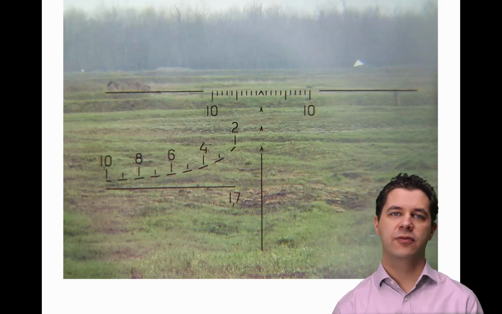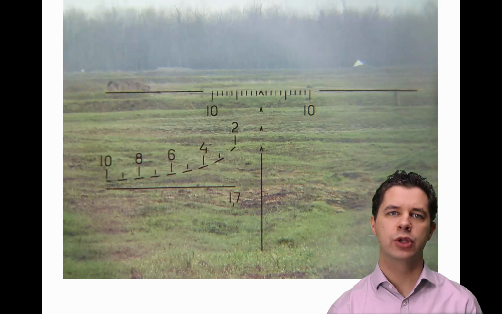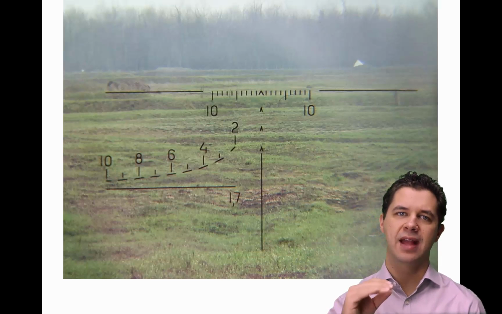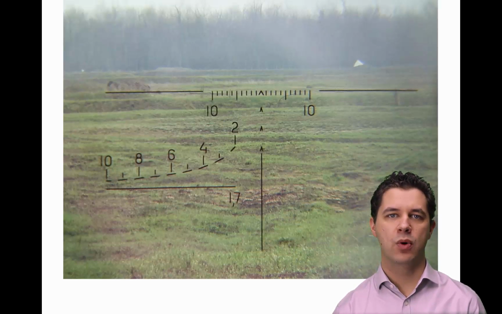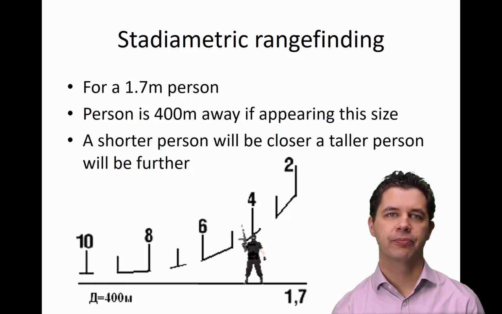Assuming that the further we get away from them, their physical height is going to stay the same, but the observed height changes. So you'll notice we've got graduations of 10, 8, 6, 4, 2, and we essentially line the person up with that height, and it says 1.7 down the bottom there. So that's calibrated for a person that's 1.7 meters tall.